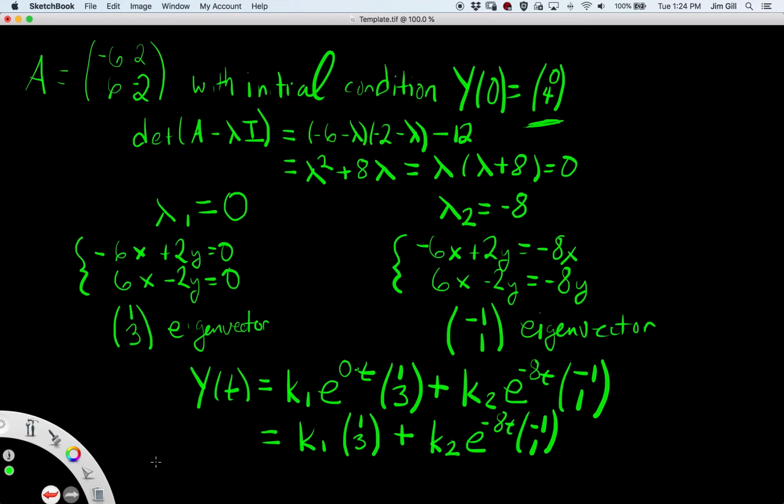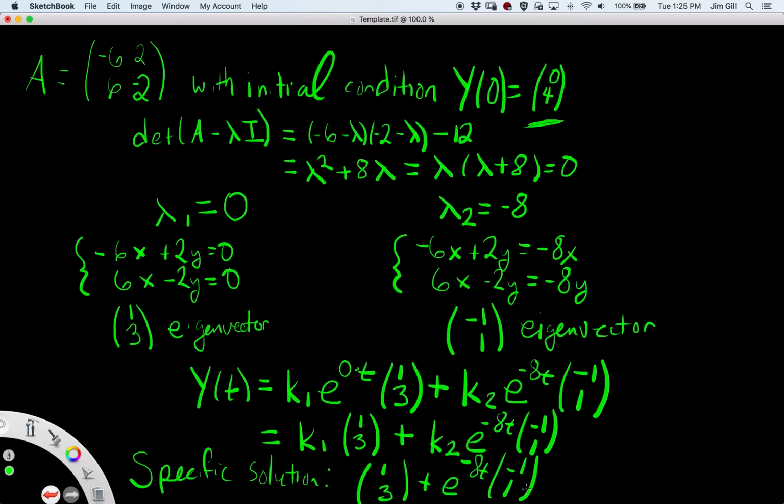So our specific solution is going to be the vector 1, 3 plus e to the negative 8t times the vector minus 1, 1. Okay, so there's our specific solution.